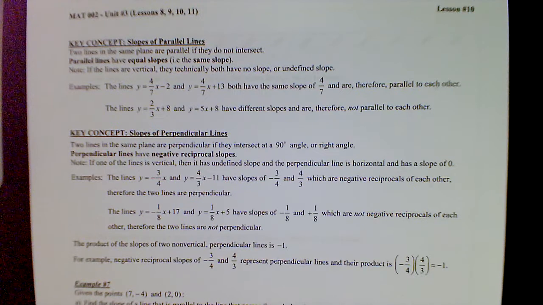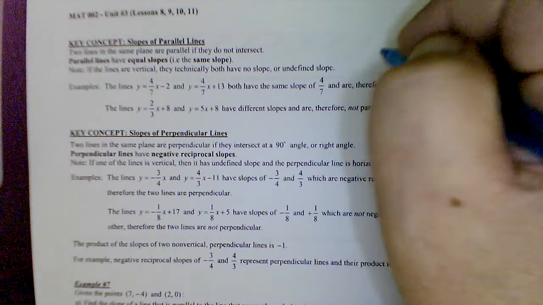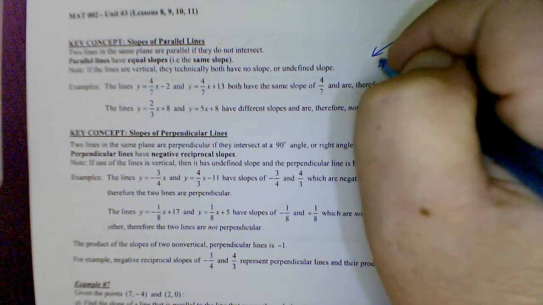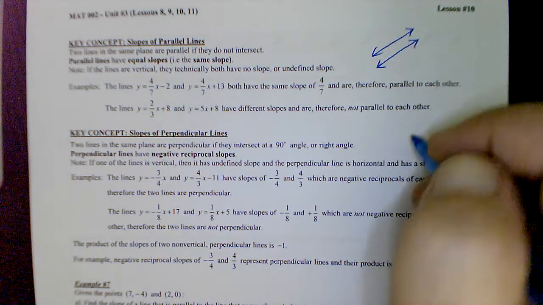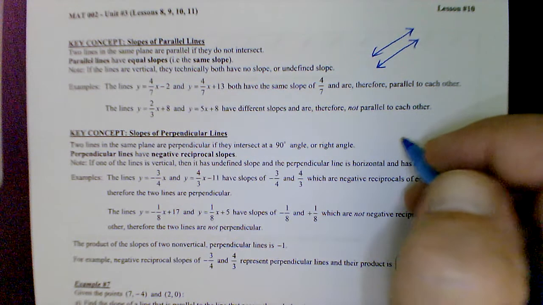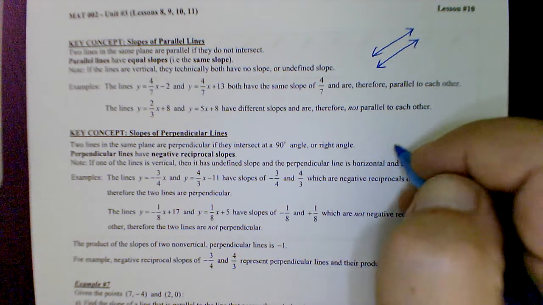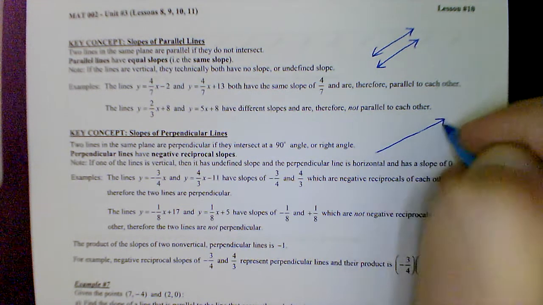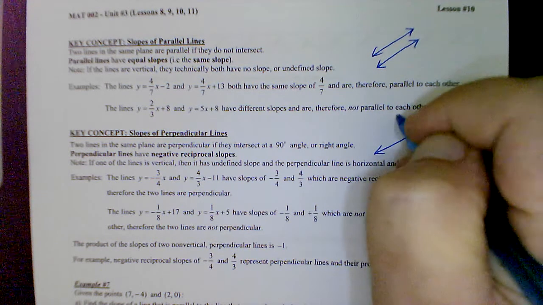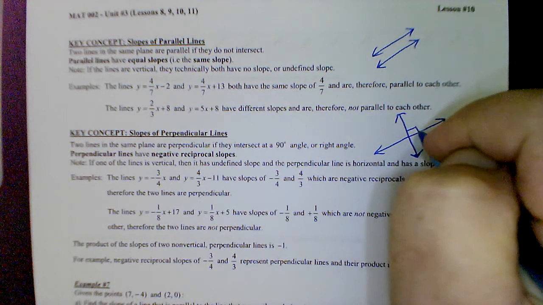And we get to parallel and perpendicular lines. Parallel lines have the same slope. They look like this. And perpendicular lines have slopes that, well, excuse me, I'm so sorry. If you have a line, a perpendicular line cuts through it at a right angle.